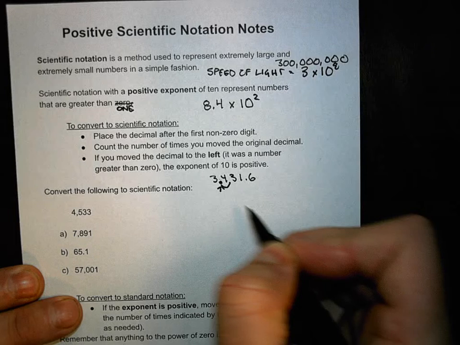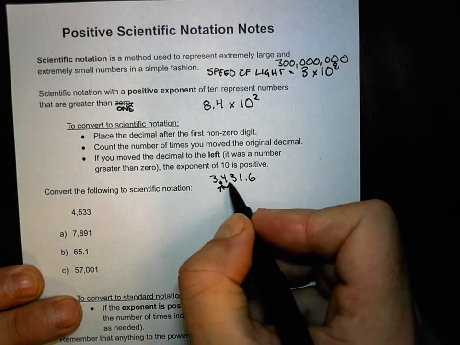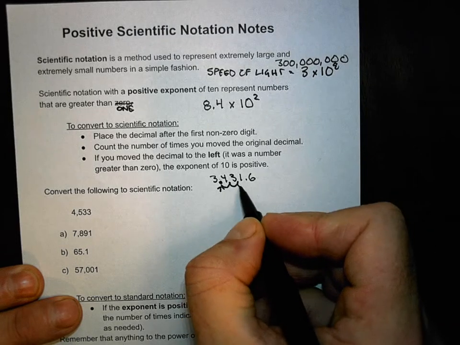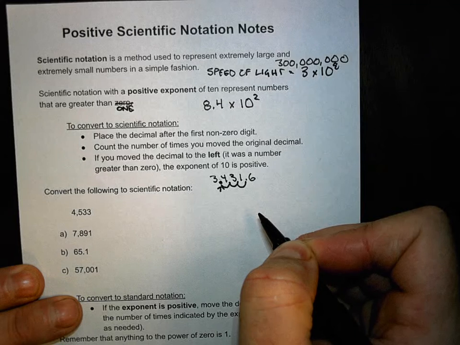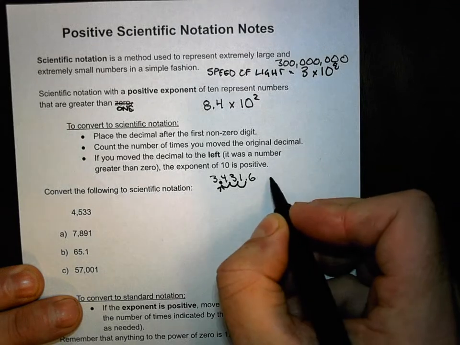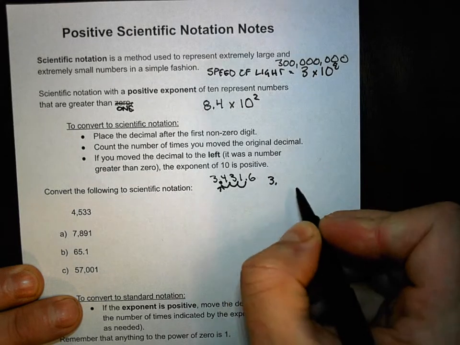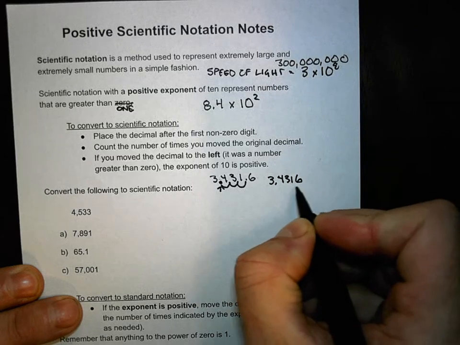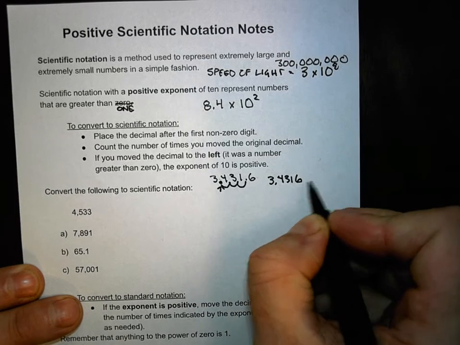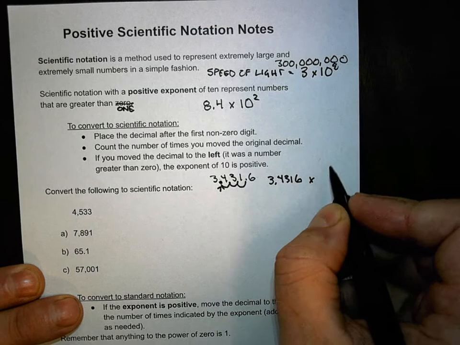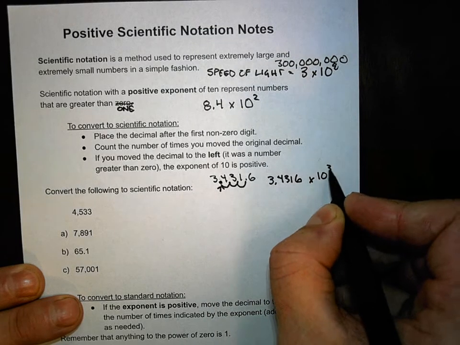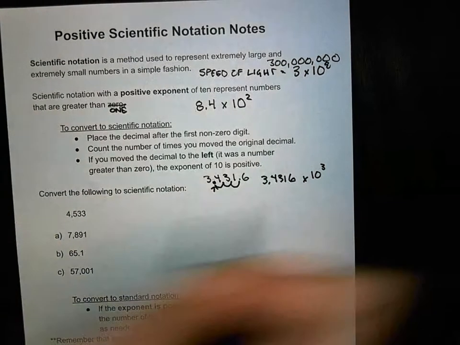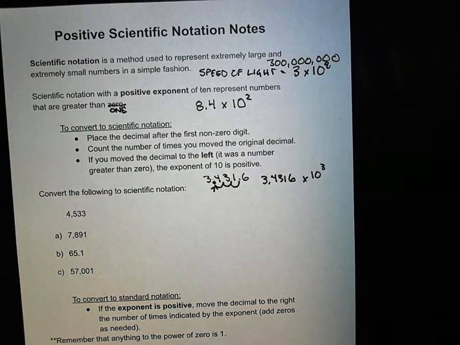There's 1, 2, 3. I went 3 times to get back, right? So my new number becomes 3.4316. That decimal goes away now because I moved it forward. Times 10 to the power of 3. Now I've written the number in scientific notation.